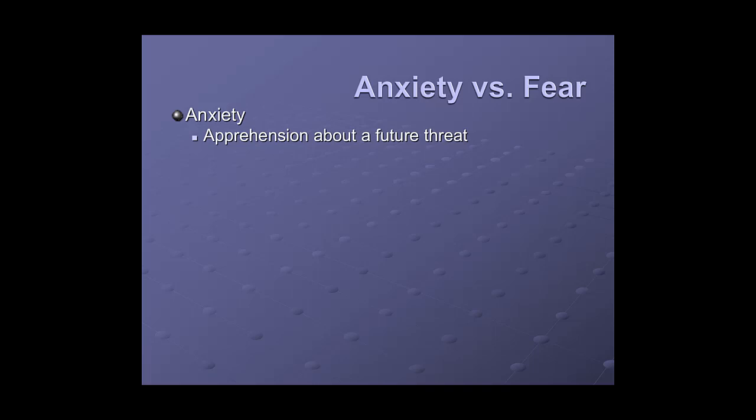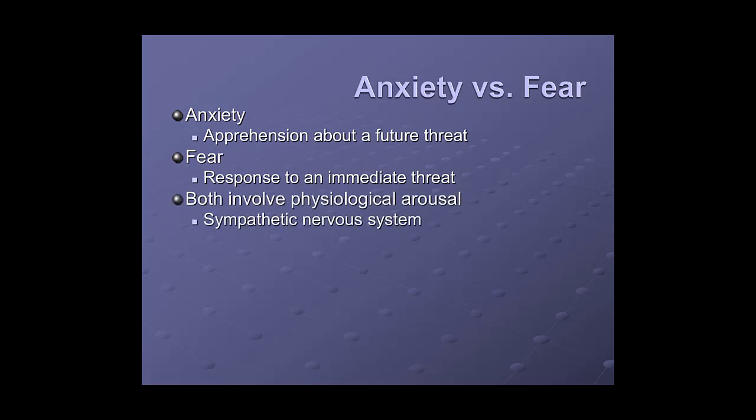This is really different from fear. Fear is really a response to an immediate threat. Both of them involve physiological arousal. Both of them involve the sympathetic nervous system kicking in. In other words, they're both triggering that fight or flight response, and they both can be adaptive. It could save your life.